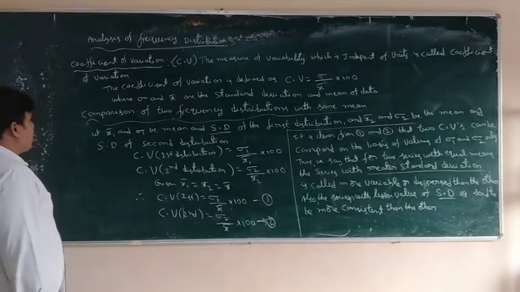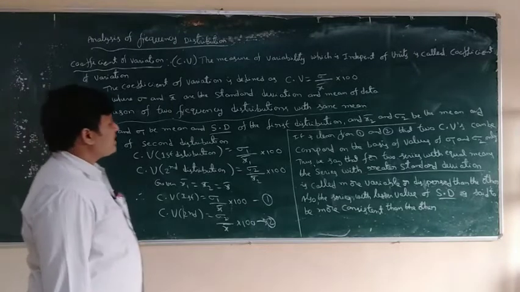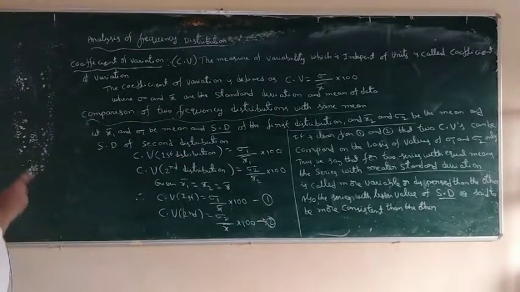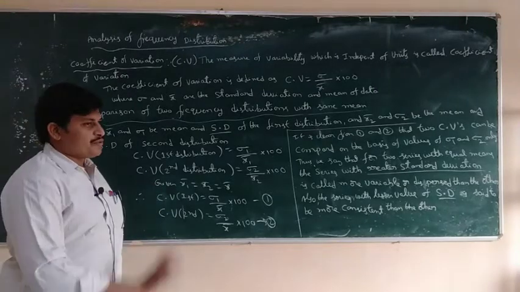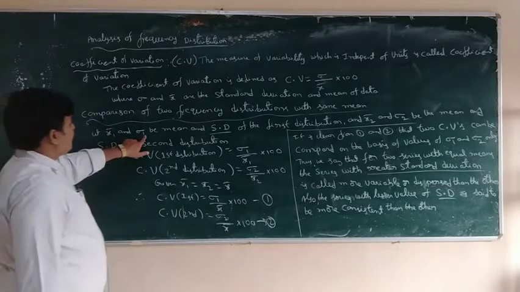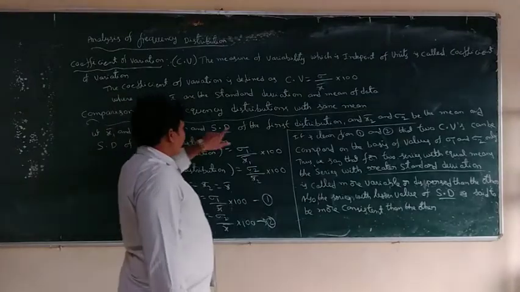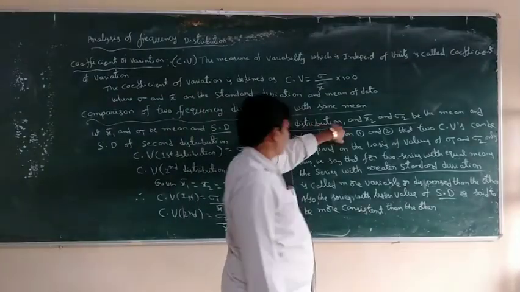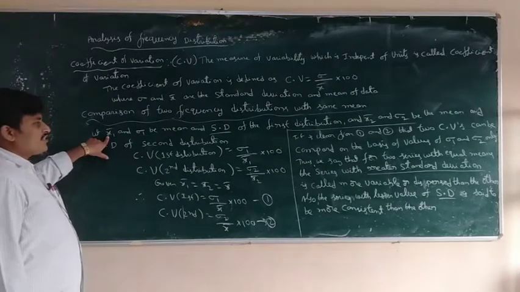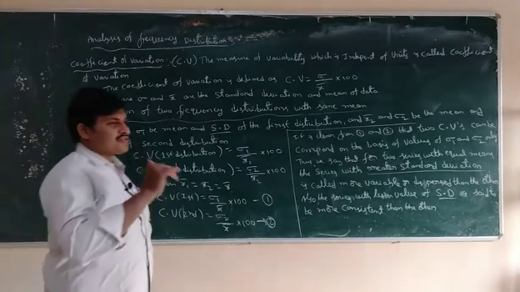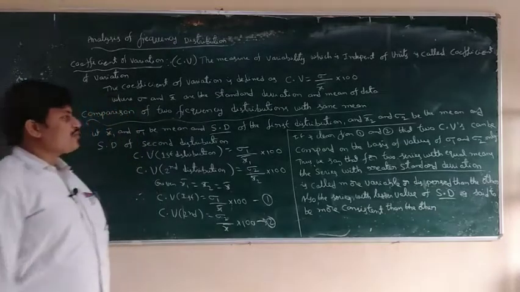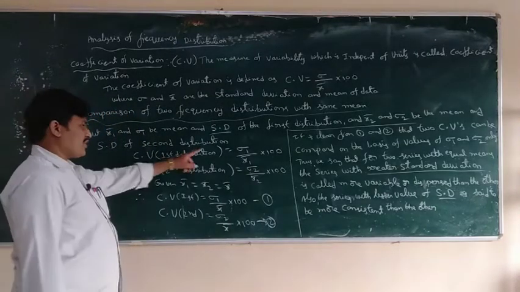Next, comparison of two frequency distributions with the same mean. So let x1 bar and sigma 1 be the mean and standard deviation of the first distribution, and x2 bar and sigma 2 the mean and standard deviation of the second distribution.